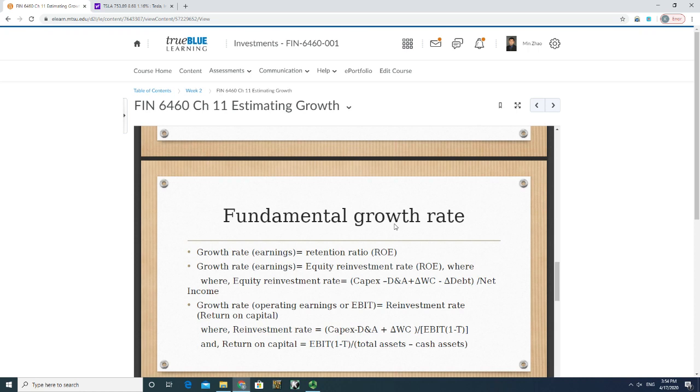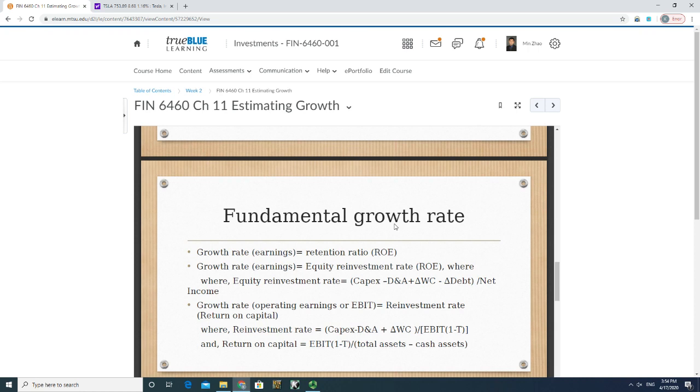But in order to let a new investment project operate, company still needs to invest in working capital, investing in accounts receivable, investing in inventory, and so on and so forth. So that is change in working capital. That's also a part of the investment company needs to conduct in the future.